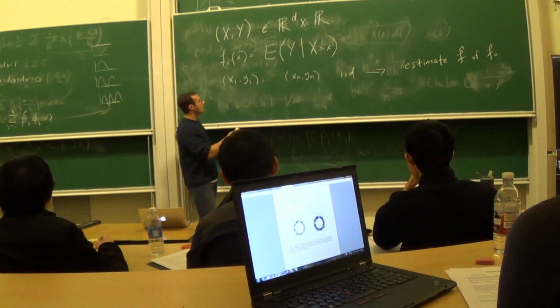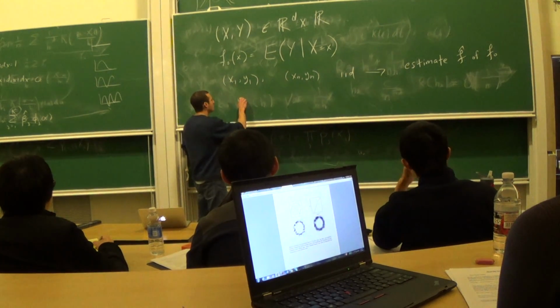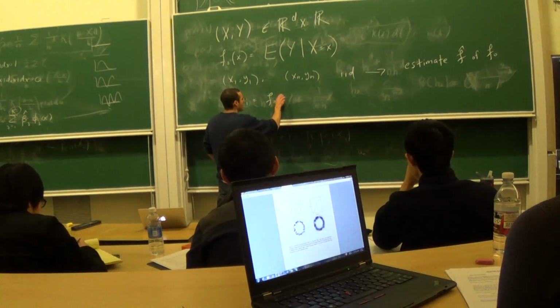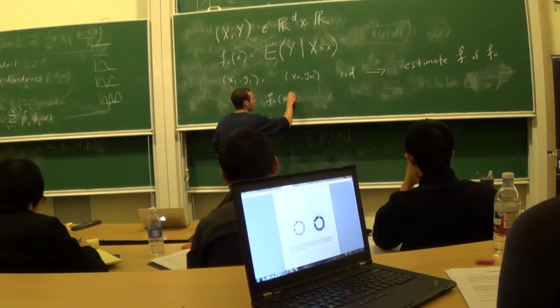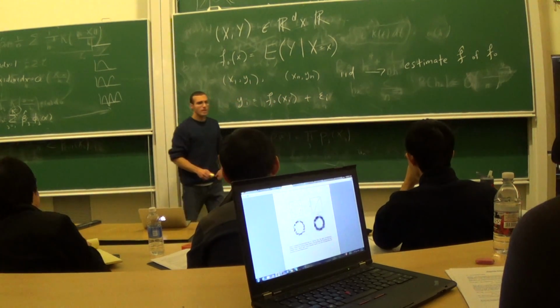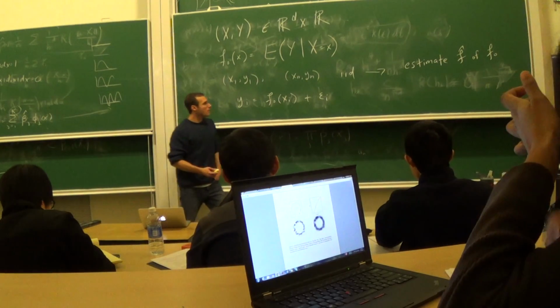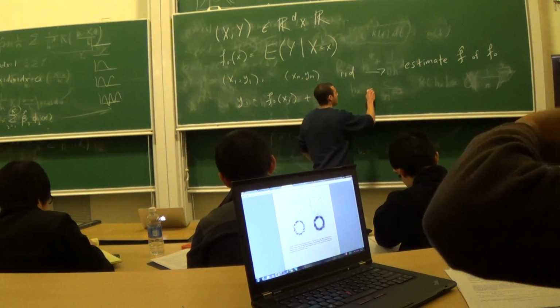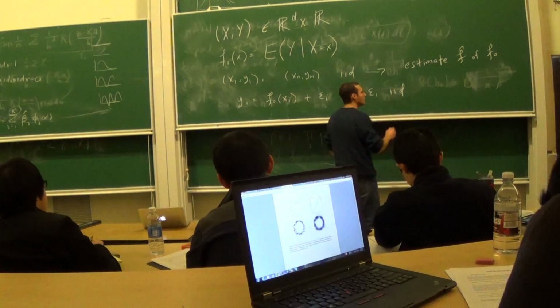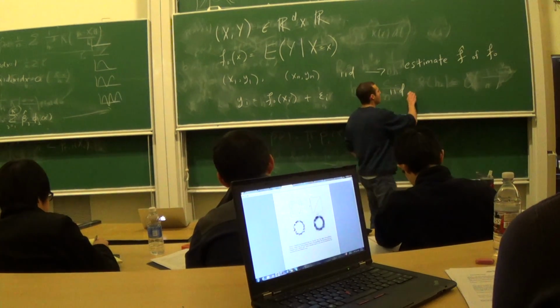Well, I can write it like this: yi equals f0 of xi plus error, where I claim that these errors are IID, and they have mean 0.